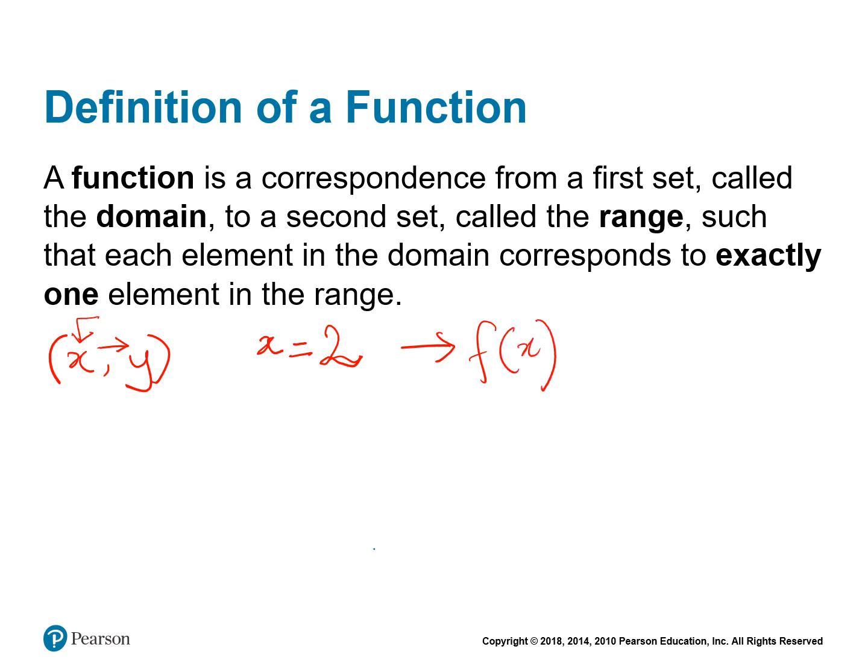A function should not produce two different y values. The y value cannot be 3 as well as 5, for example. Each unique x value maps to a unique y value. You cannot have the same x value mapping to two different y values.